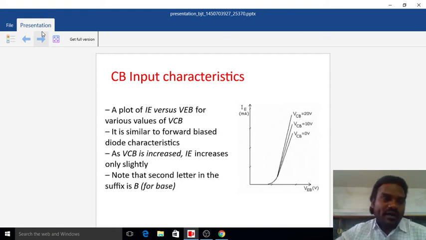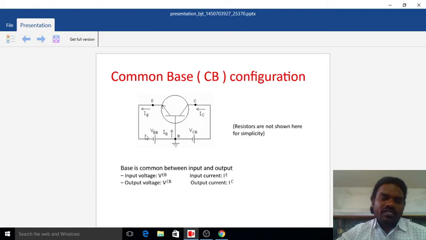On the input side we have one voltage and one current, so input characteristics describe the relation between the input voltage and input current by keeping the output voltage constant.